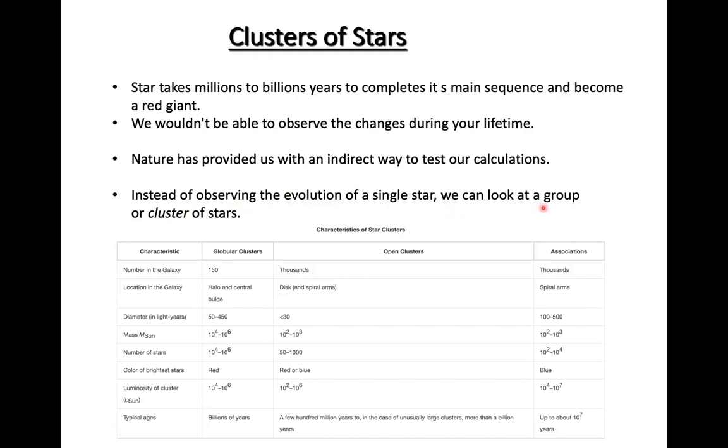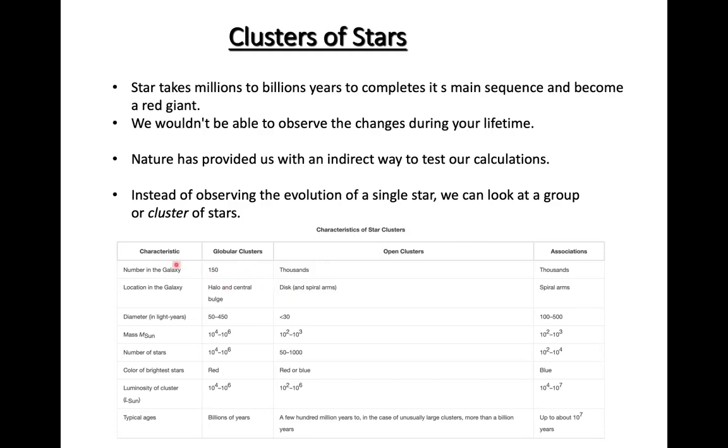If we look at star clusters, there are basically two types. The first type is called open clusters, and the second type is called globular clusters. Actually, now we have another type called associations, which we don't talk about too much. But if you look at this table, there are three types here.